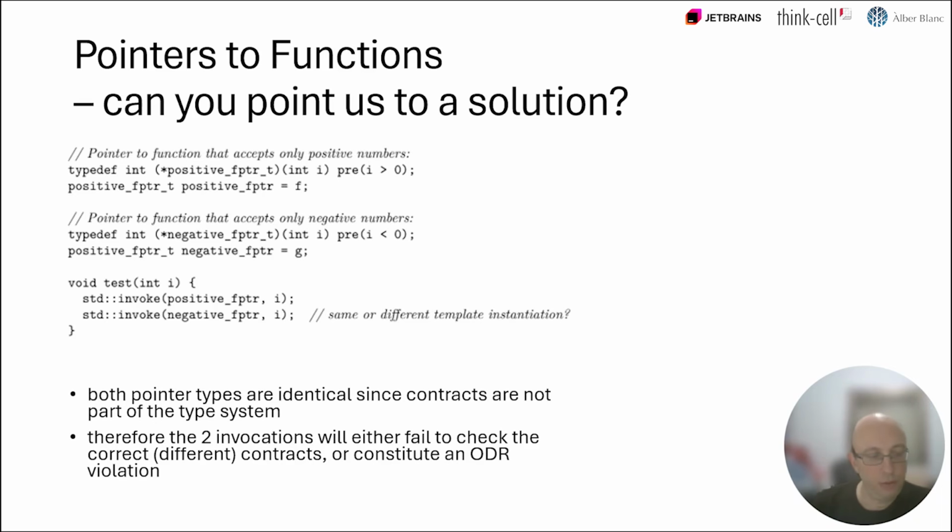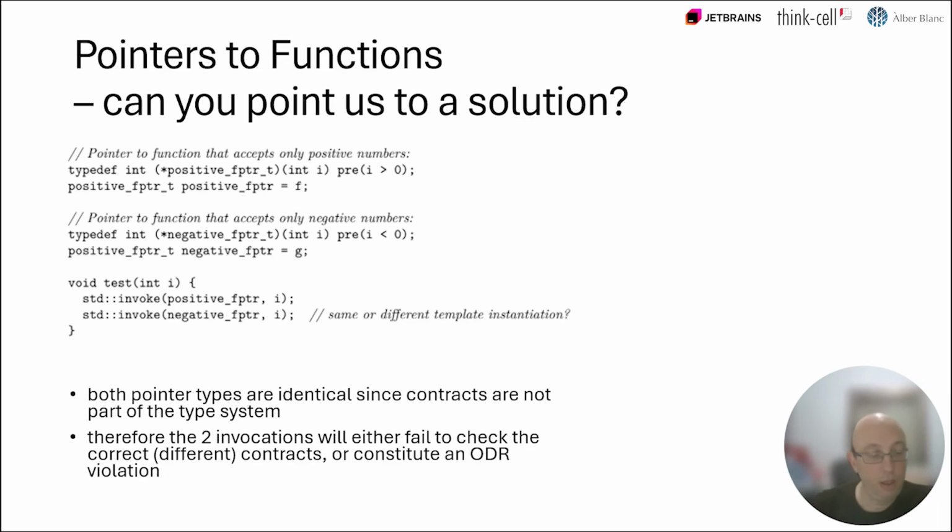And language rules require template instantiations of the same type to be identical. Therefore, the compiler is required to produce the same code for both invocations. Otherwise, that would be an ODR violation, which leaves us with no way of conveying that information and of applying the different contracts.